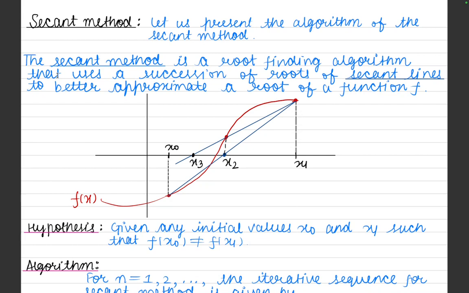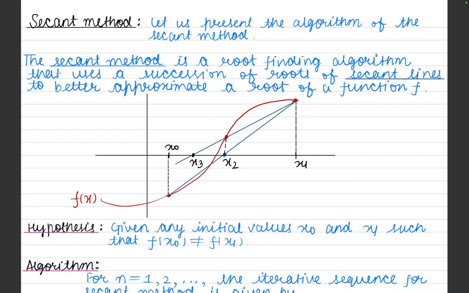Now for example, the first two approximations you took here are x naught and let's say x1.